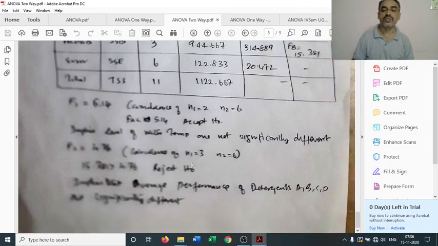For the second case, we reject the hypothesis. So we conclude that the levels of water temperature are not significantly different, while the other factor, the performance of the detergents, is significantly different. So the average performances of the detergents A, B, C, D are significantly different. So these are the examples from ANOVA.